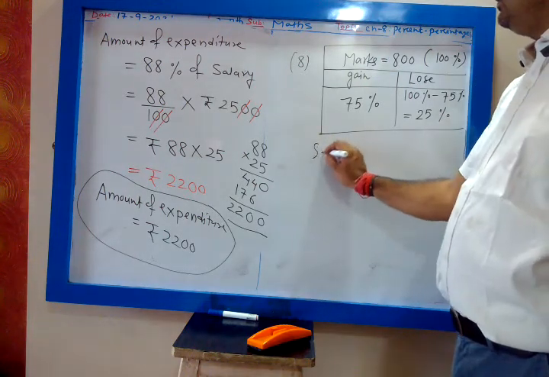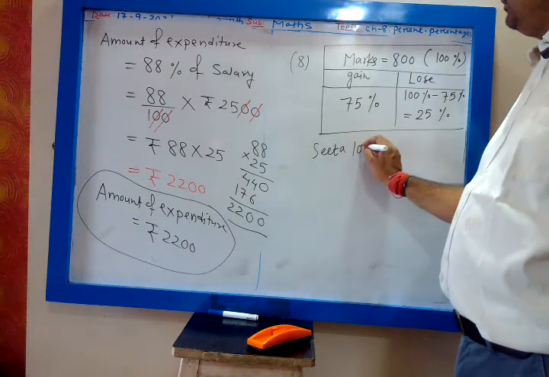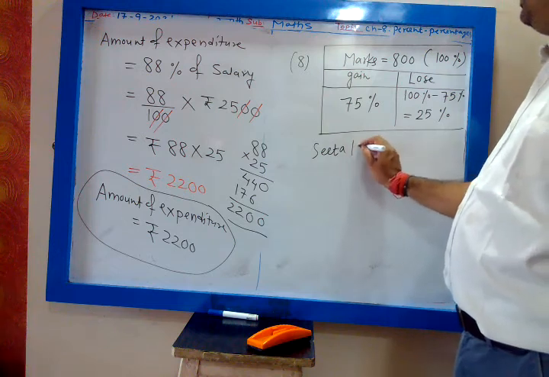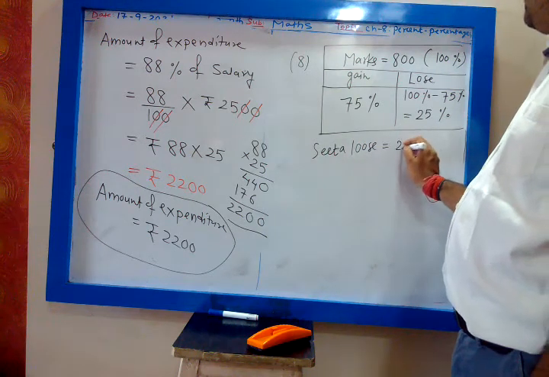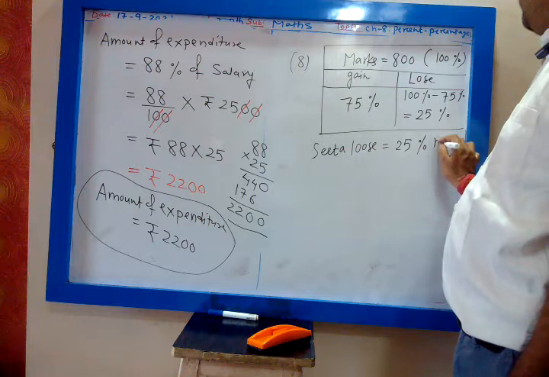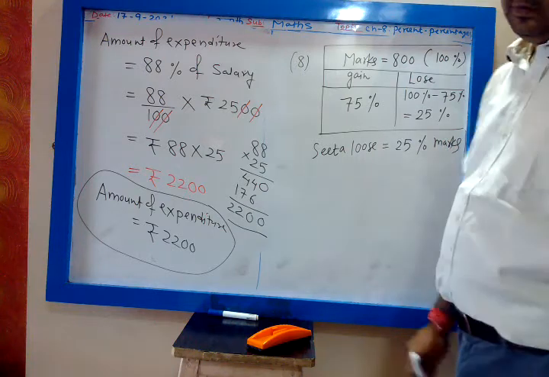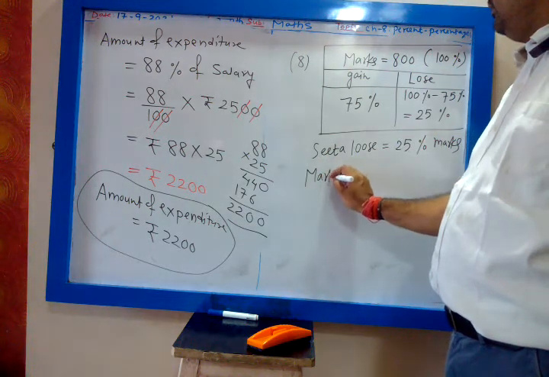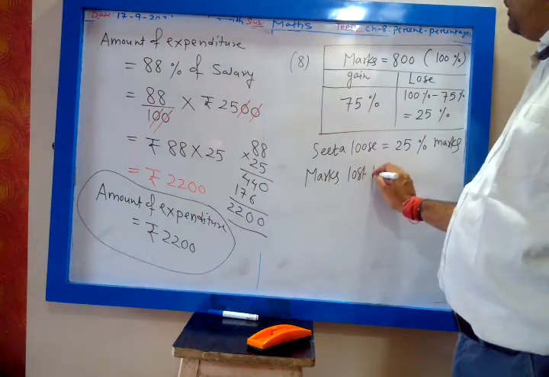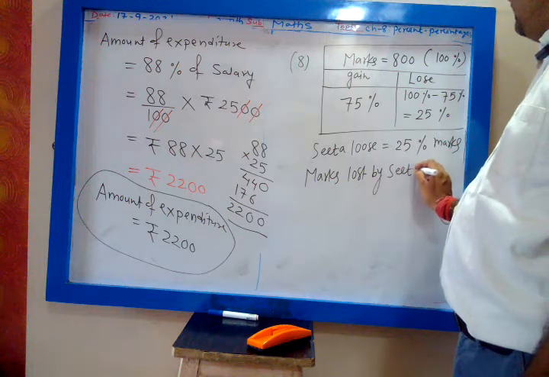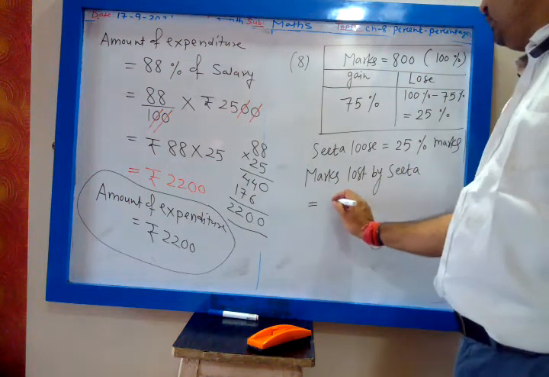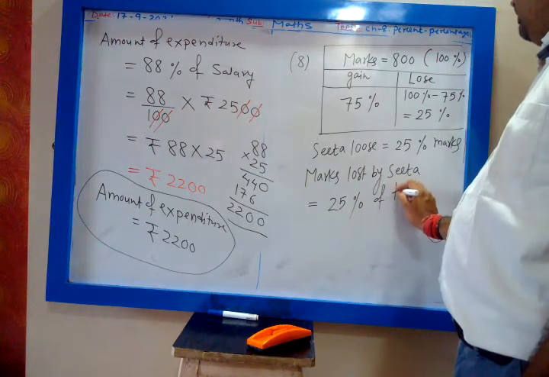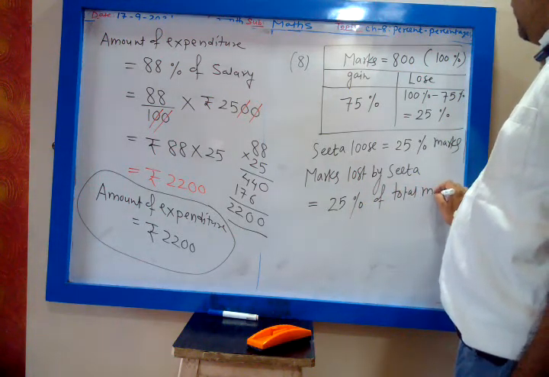So Sita lost 25% marks. Now we write: marks lost by Sita will be 25% of total marks.